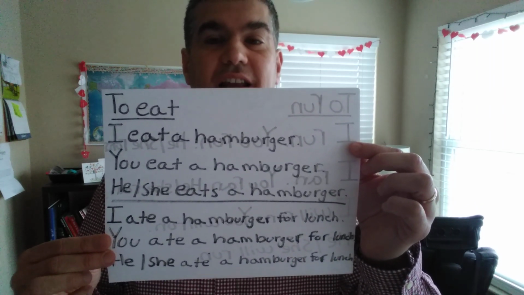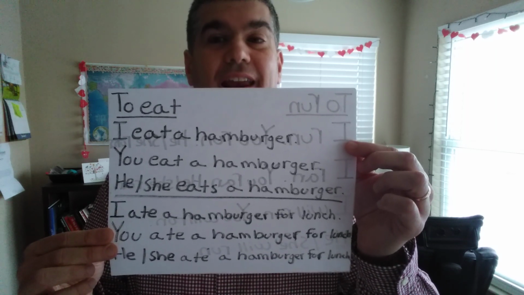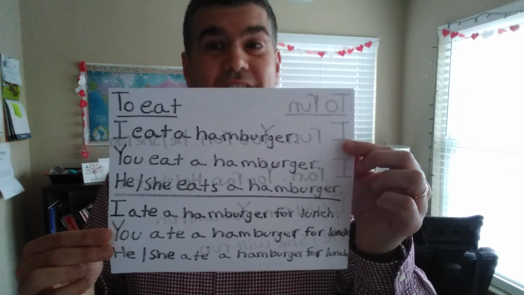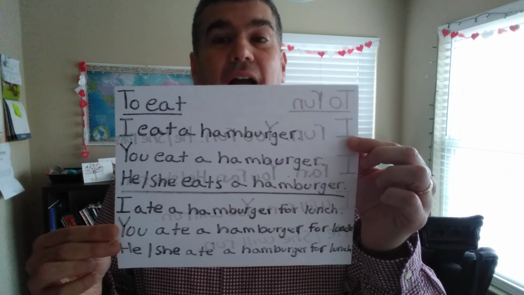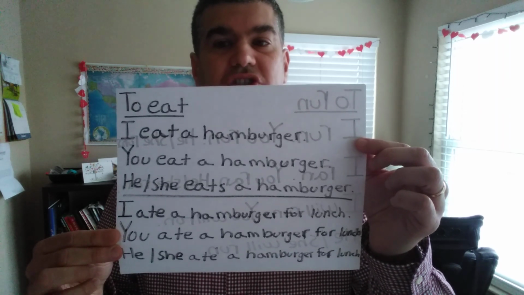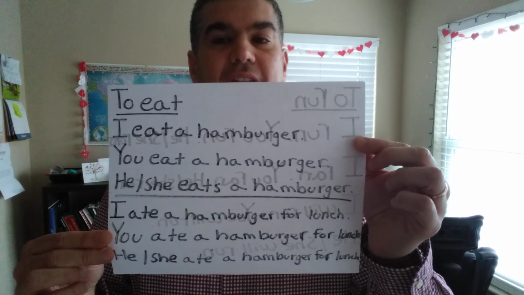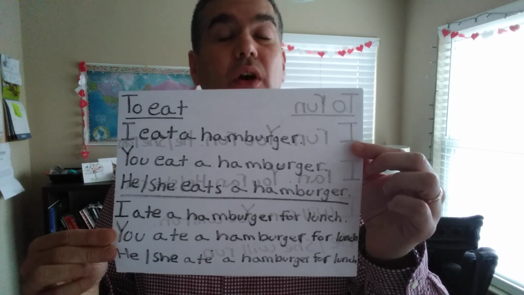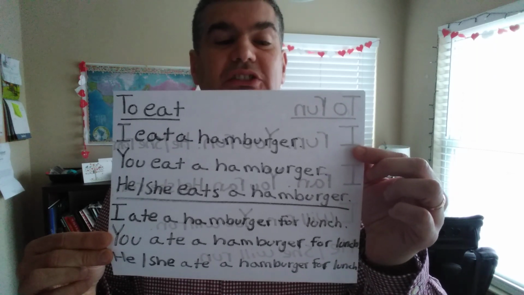He or she eats a hamburger. Okay, and then the simple past of that, to eat, would be I ate a hamburger for lunch. You ate a hamburger for lunch. He or she ate a hamburger for lunch.